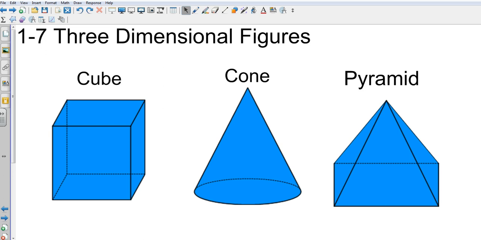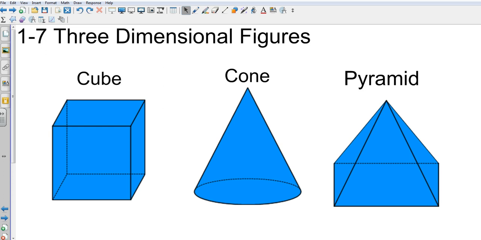For a cube, you're looking at boxes, sugar cubes, packaging, anything. Cones are ice cream cones, traffic cones that you see on the roadways. Pyramids are the ancient pyramids of Egypt.